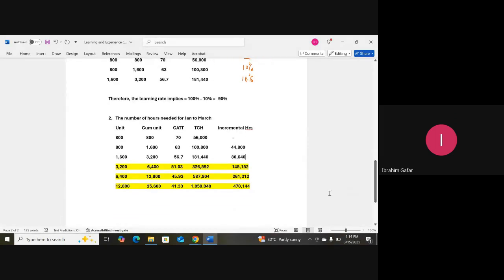So this is for hour needed now. This is January, this one is February, and this one is March.